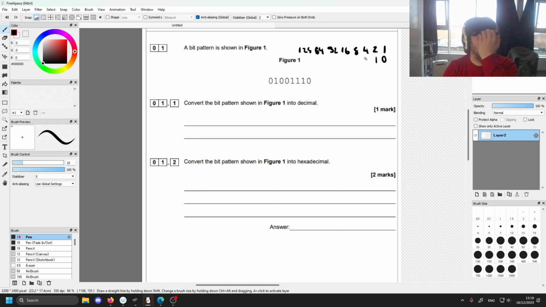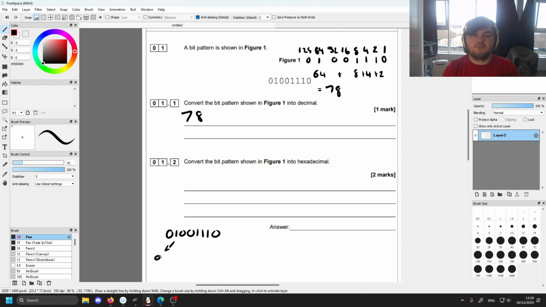So, as we discussed in the past, draw out an 8x2 table with the top row being your powers of 2, starting from 2 to the 0 or 1, and your bottom row being your binary number. For every column that has a 1 in it in the binary row, you'll want to add the power of 2 on the top. In this case, we end up with 64, 8, 4, and 2, which we add together to get 78.